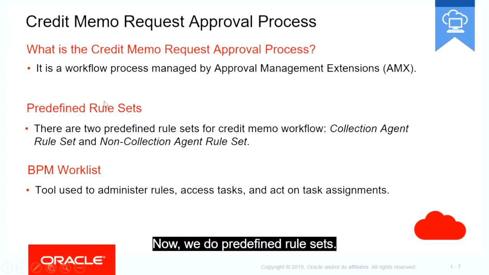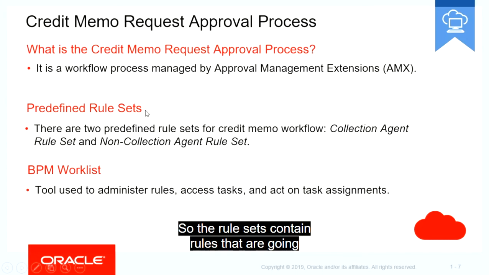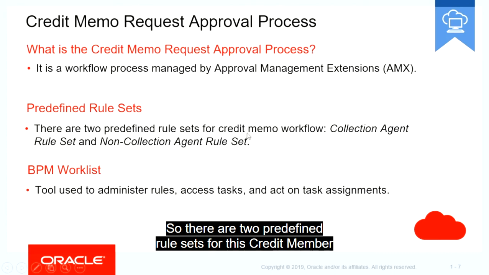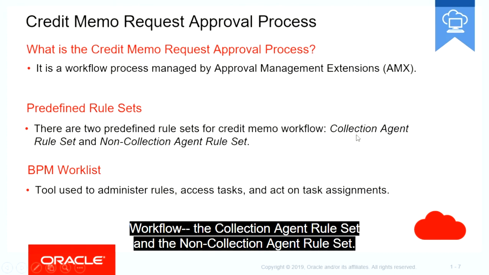So we're talking here basically about a workflow process. Now, we do predefine rule sets. So the rule sets contain rules that are going to be executed once that credit memo request approval process is initiated. So there are two predefined rule sets for this credit memo workflow, the collection agent rule set and the non-collection agent rule set. So what does that mean?